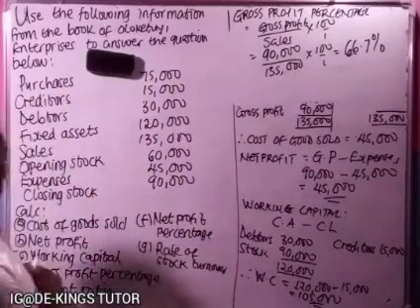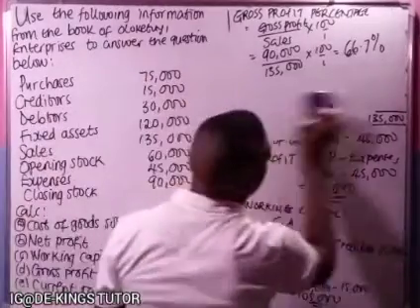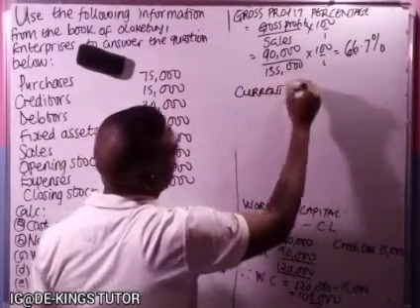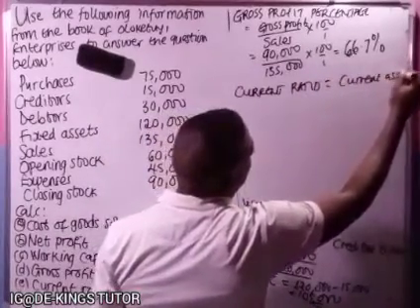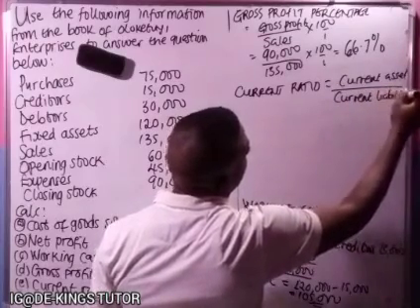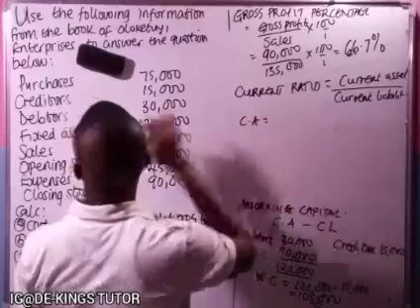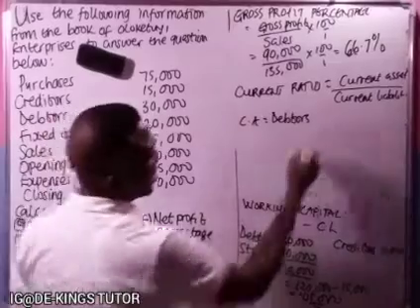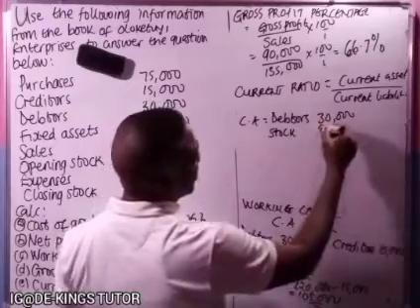Okay. The next one is the current ratio. Now the current ratio is current assets divided by the current liabilities. So we have known our current assets as the debtors and stock only. We have debtors as 30,000 and closing stock as 90,000.